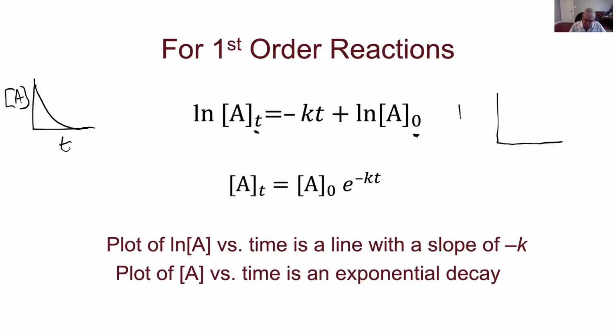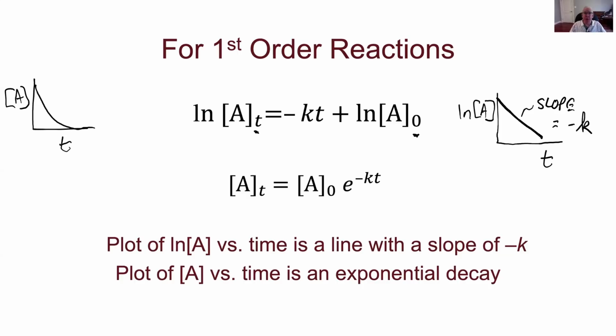And so here I'm going to graph log of A versus t, okay? A is the reactant, so the concentration of A is going down. As the concentration of A goes down, the log of A goes down. This thing will be a line like that, and the slope of this line will be equal to minus k.